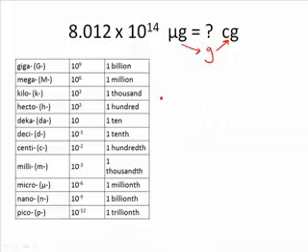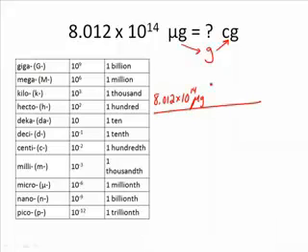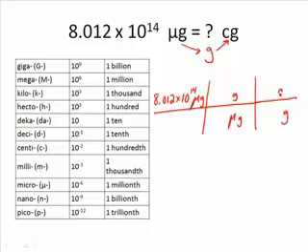So if I have 8.012 times 10 to the 14th, it's a microgram. All right, and I'm going to lay out my units first. Sometimes it really helps if you will lay out the units first, essentially just to make sure that when you finish that you're going to be in the correct unit.